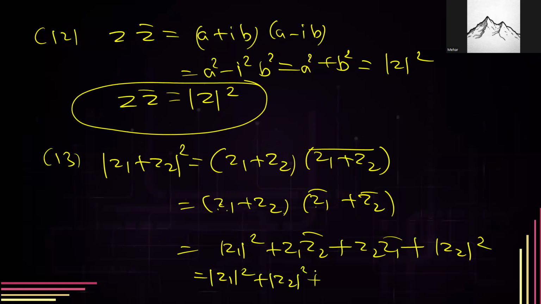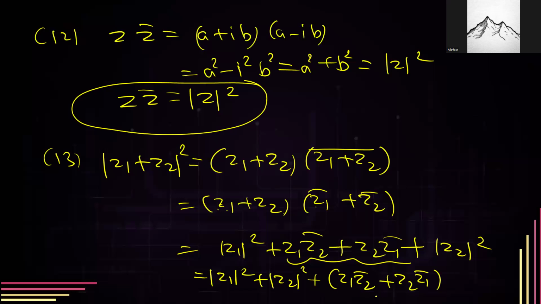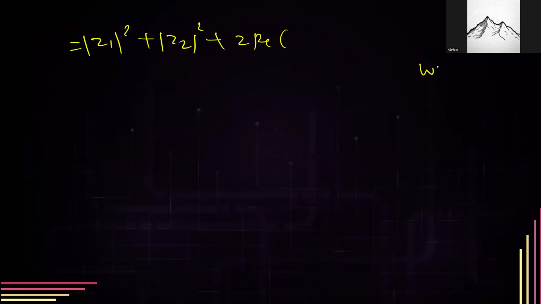And now you see the next part, these two together can be represented in some notation. Let us look at that. Z1 Z2 bar plus Z2 Z1 bar. What is this? Basically you can say that it is 2 times the real part of one of those complex numbers. Why? Because Z1 Z2 bar, if I consider as some W, for example, the conjugate W bar for this would be, you take the conjugate, Z1 will have a conjugate as Z1 bar, Z2 bar's conjugate will become Z2.